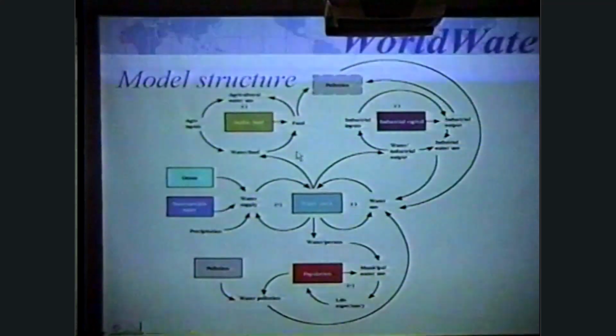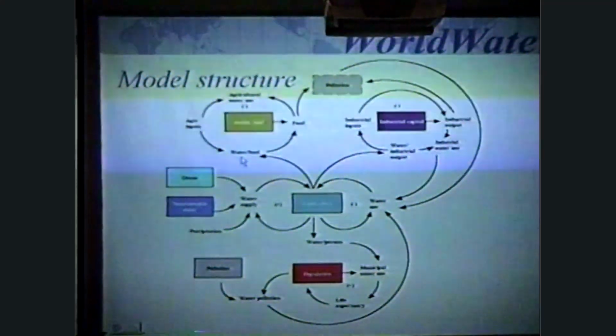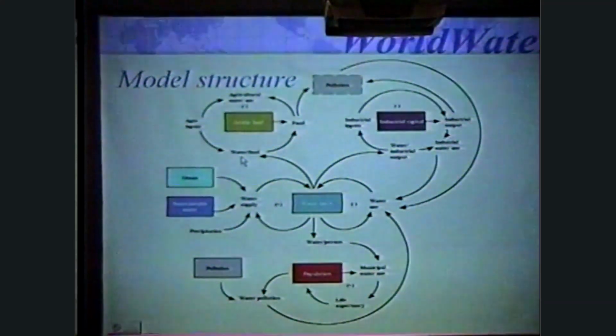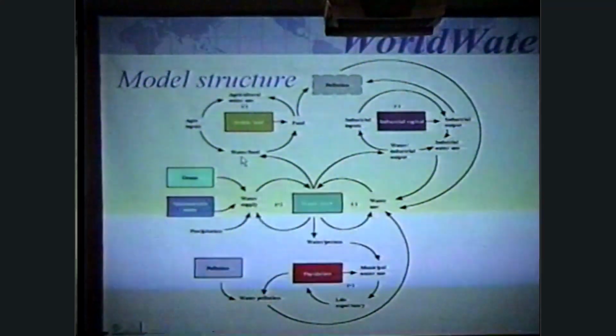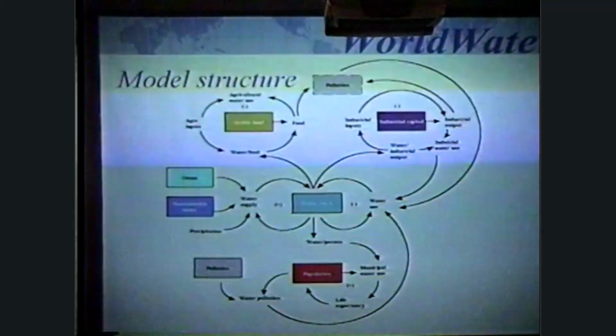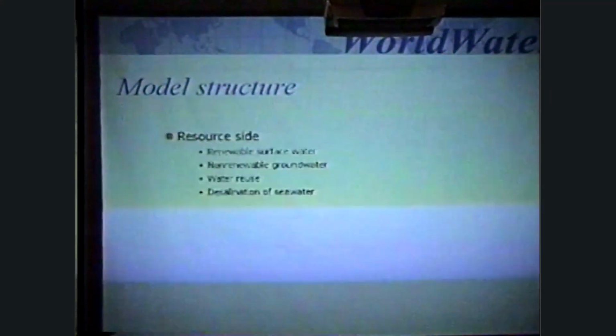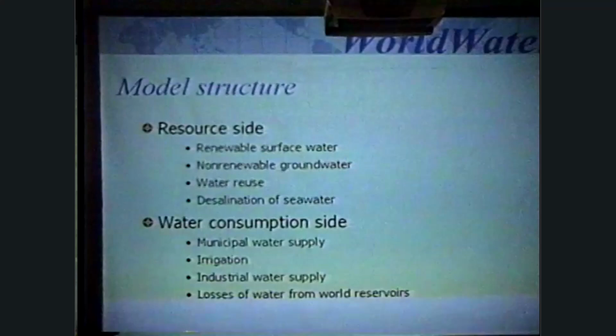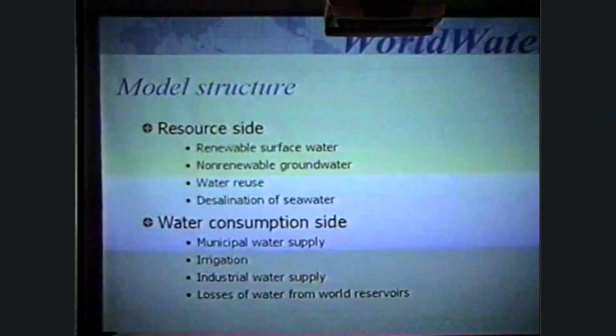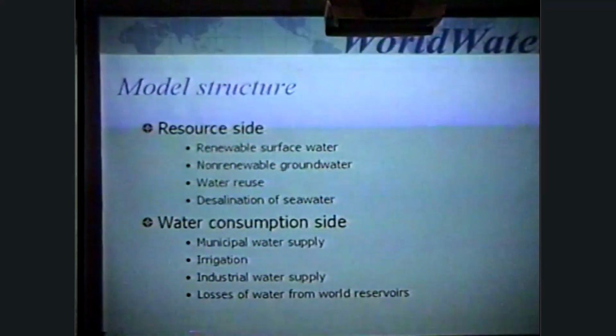The food production is tremendously dependent on the amount of water required to grow the food, irrigate the land, and so on and so on. So this is the kind of structure which is being followed in the development or modification of the World Water model.